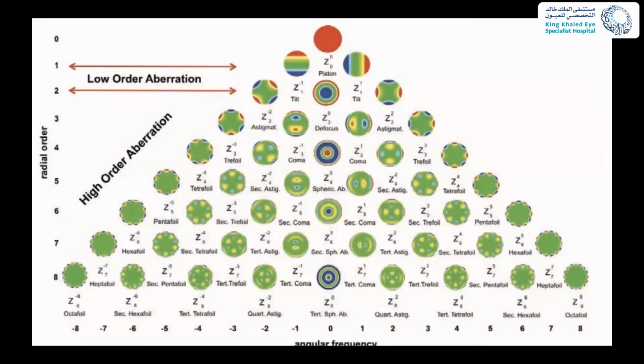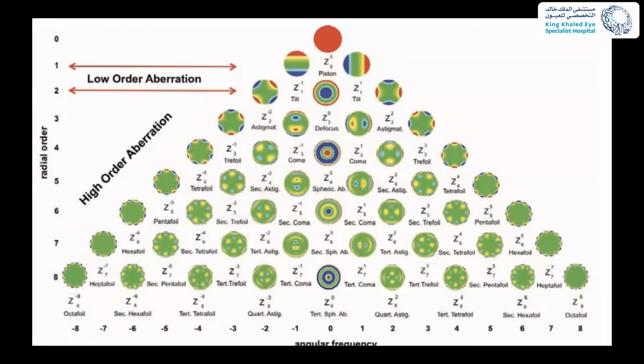This map is called the Zernike pyramid, which shows us every single aberration. Zero aberrations means there are no aberrations at all. This point we call the piston, a perfect optical system. And then we have lower order aberrations and higher order aberrations.